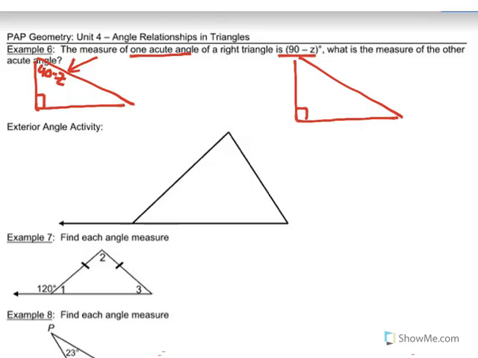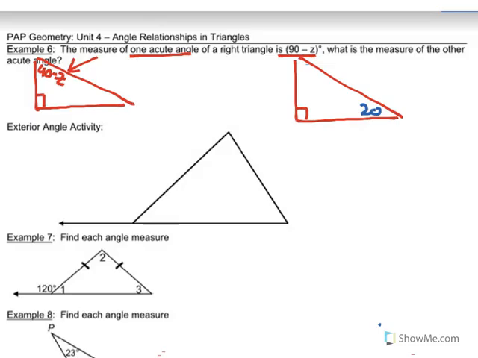So what I'm going to do over here is make another right triangle, and we're just going to do some samples and see what happens. Let's say that the measurement of this angle right here is 20. And we know from our previous example that the two acute angles of a right triangle are complementary.